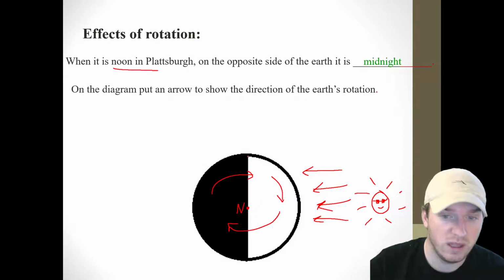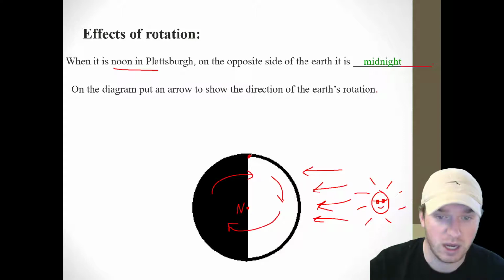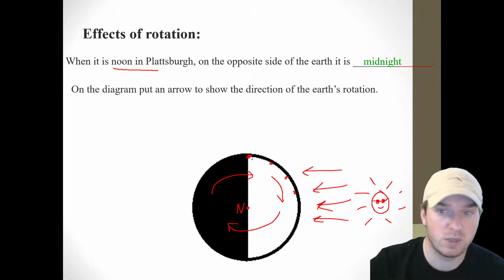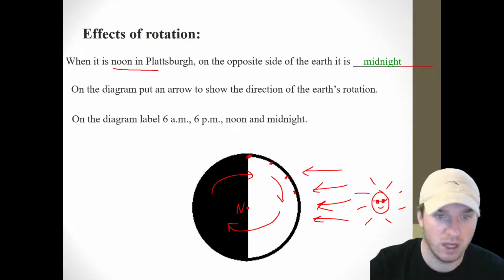And so that would mean that this city, that's right here, is about to be moving to a position that's here, here, and here, which means that this city right now is experiencing, if we were to label 6 a.m., 6 p.m., noon, and midnight, sunrise.